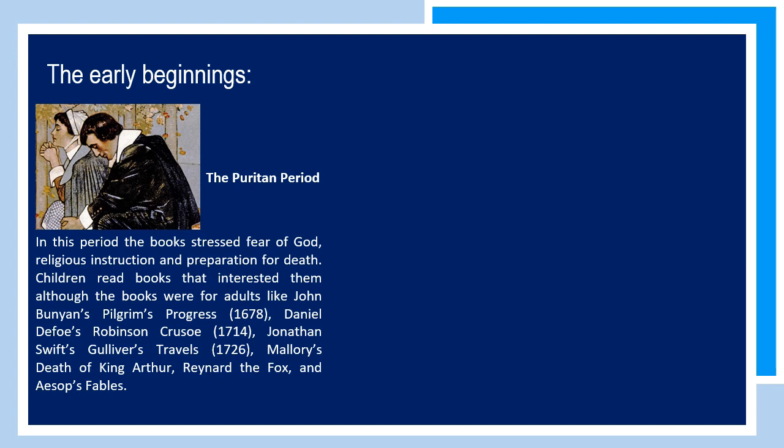It mainly stressed the fear of God, the religious instruction, and the preparation for the death of a human being. Children read books that interested them, although the books were for adults, like John Bunyan's Pilgrim's Progress, Daniel Defoe's Robinson Crusoe, Jonathan Swift's Gulliver's Travels, Malory's Death of King Arthur, Reynard the Fox, and Aesop's Fables.